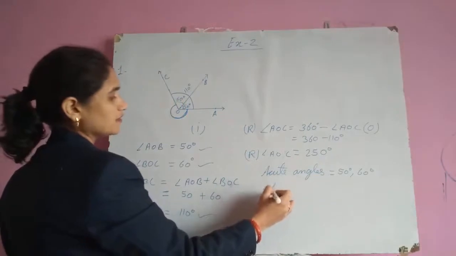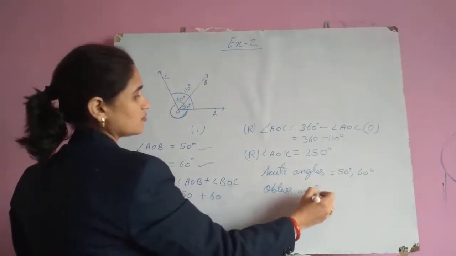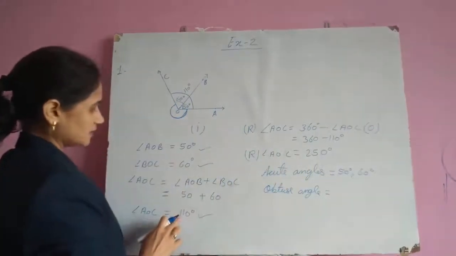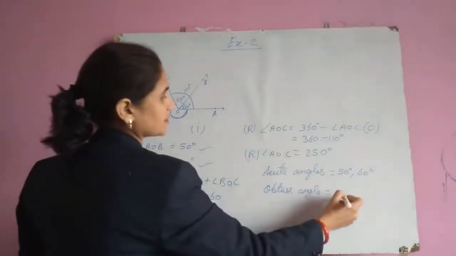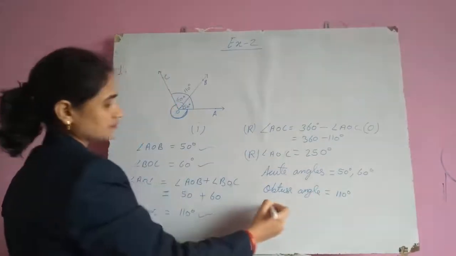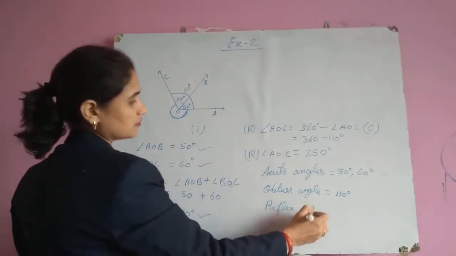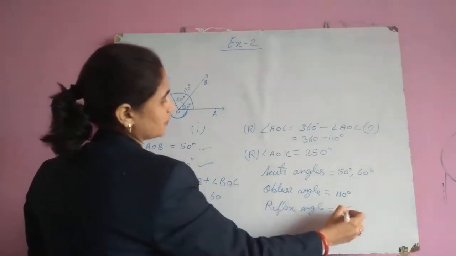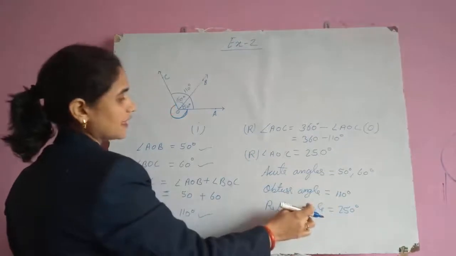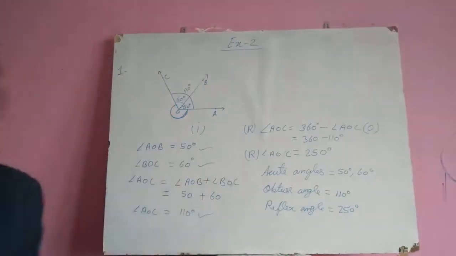Obtuse angle is 110 degrees. And the last, reflex angle, is equal to 250 degrees. Okay, students? Like this you will solve the second part.